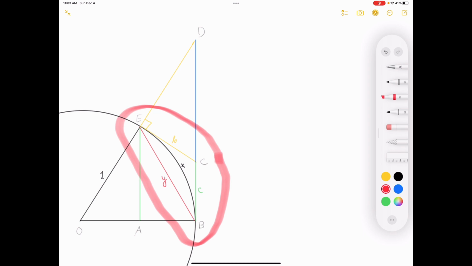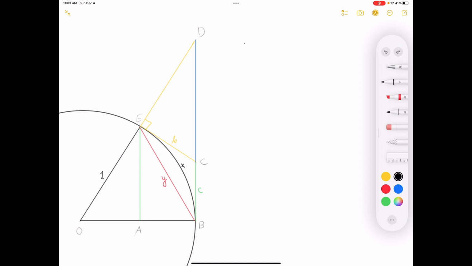We have a straight line segment connecting the points E and B. And we have the 2 line segments that are tangent to the circle, whose lengths are B and C. In fact, of course, B and C must be equal, but it actually doesn't matter for us. So let's just write down the inequalities that we had before that concern this situation. The inequalities were y is less than x is less than b plus c.